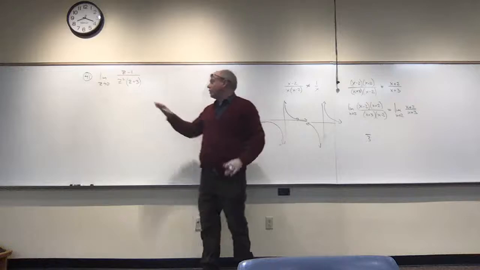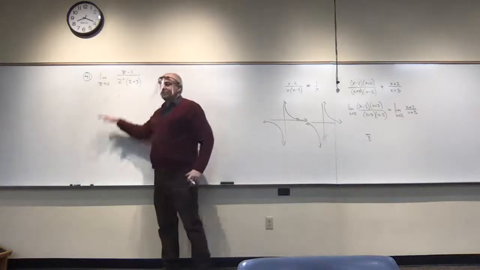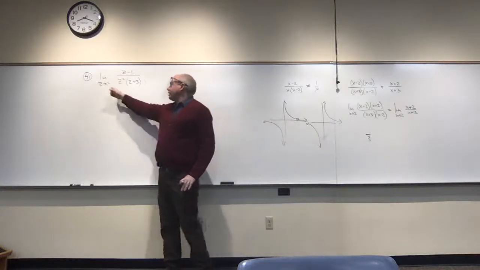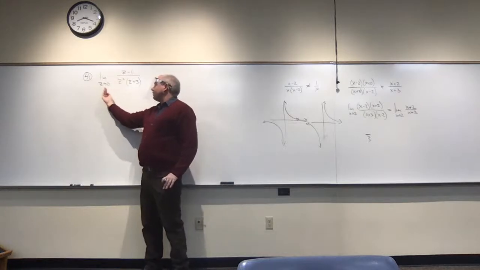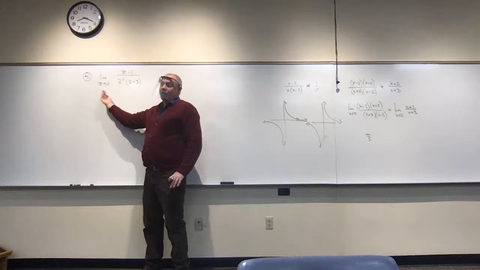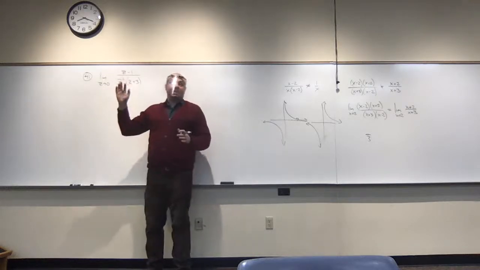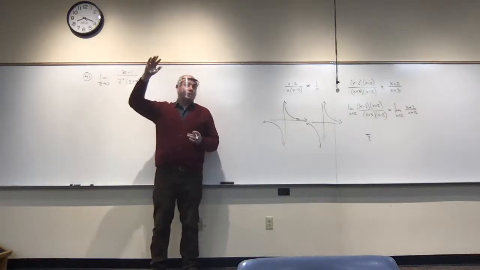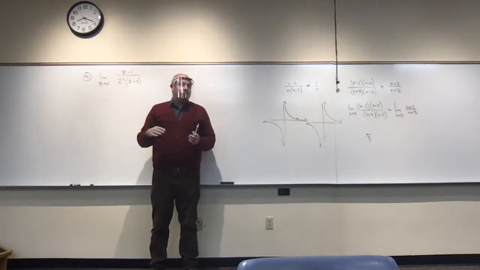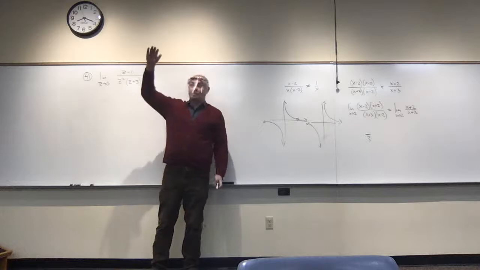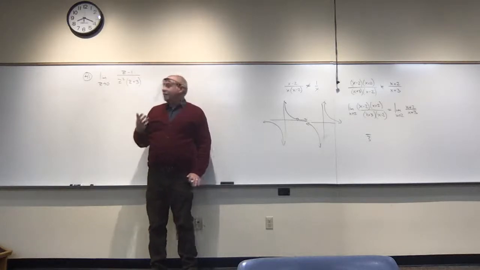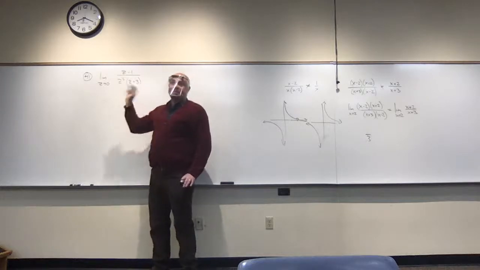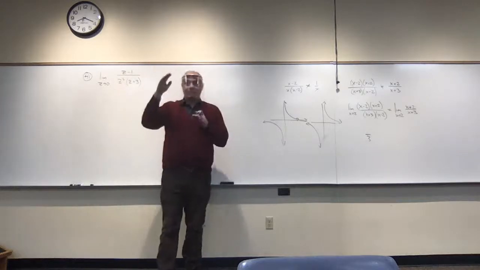When you're filling in the values, as you get close to 0 from the left, like 0.01, 0.001, 0.0001, it's either going to get really, really big or really, really small, really close to positive infinity or negative infinity. And as you come in from the other side, same thing. It could go either way.